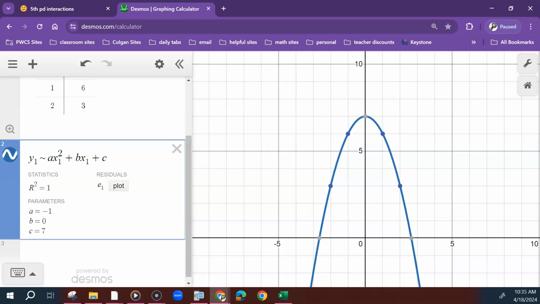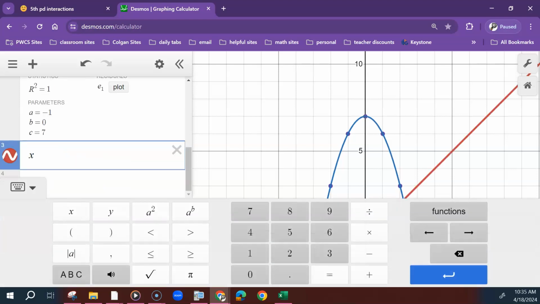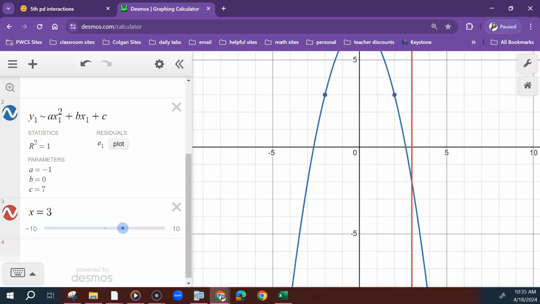Do we have any questions on, let me do this. If you were finding the y value for those given x values, you just type in those numbers and see where those two lines cross.